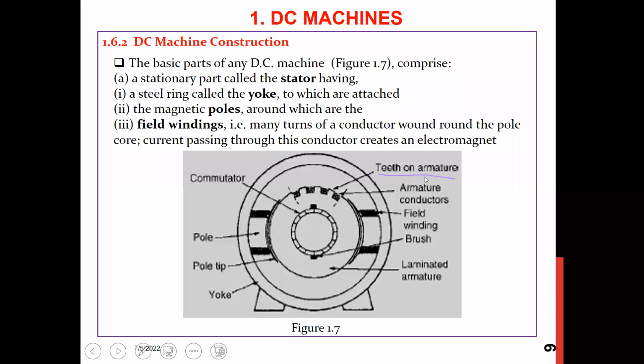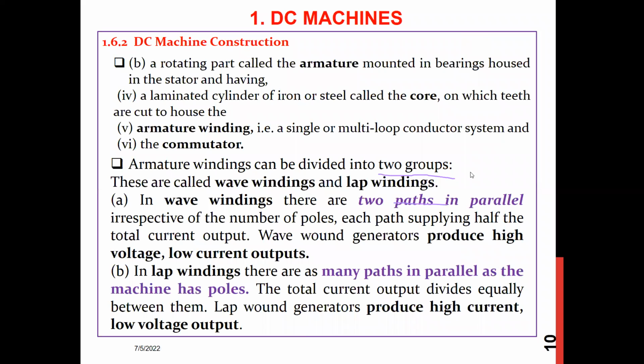We have the teeth of the armature and the armature conductors. The laminated cylinder of iron or steel is called the core, on which the teeth are cut to house the armature windings. And there is the commutator, which has segments, as we had seen.